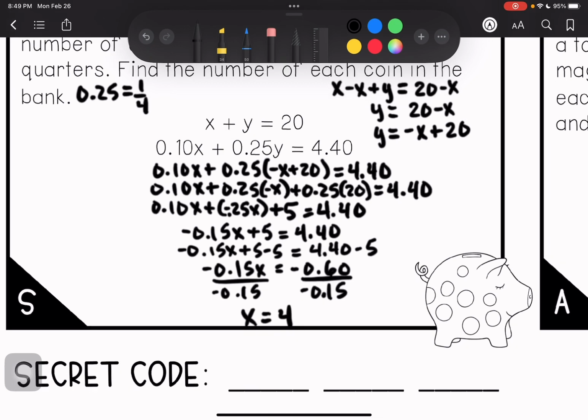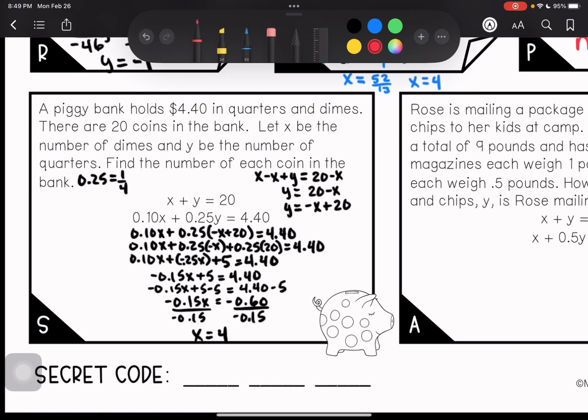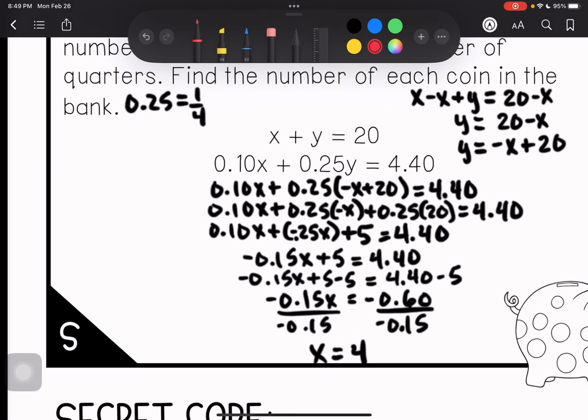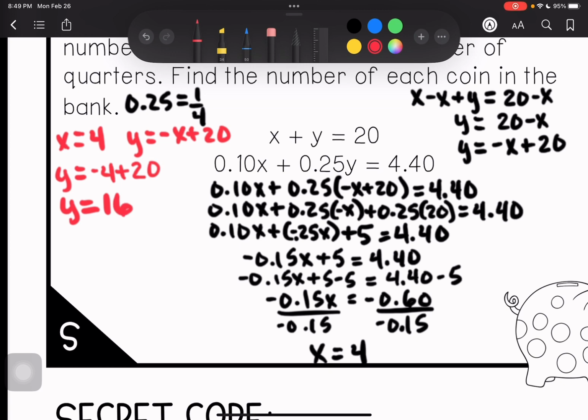Now the value of X equals 4, I'm going to substitute it back into the first equation, Y equals -X plus 20. So Y equals -4 plus 20. Therefore, Y equals 16. So my solution is X equals 4, Y equals 16.